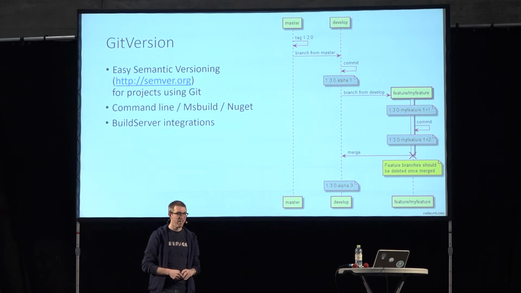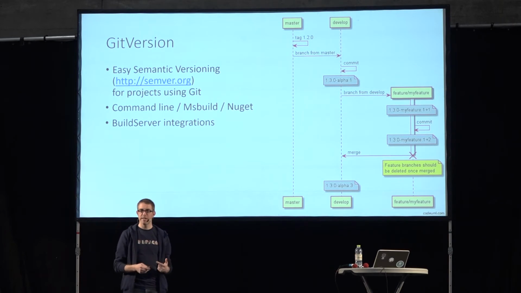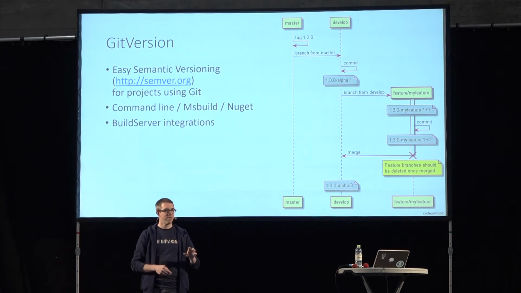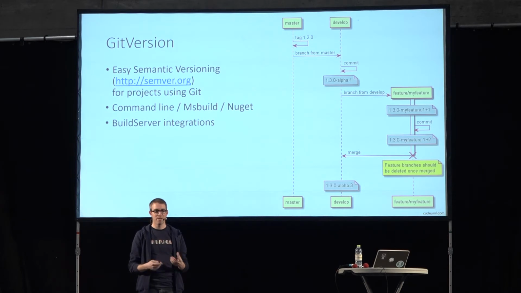Please use it. If you are into build servers and things like that, there are tools which calculate your version based upon your commit history. It's a two-hour talk which I am planning to prepare someday, but it's something very awesome.